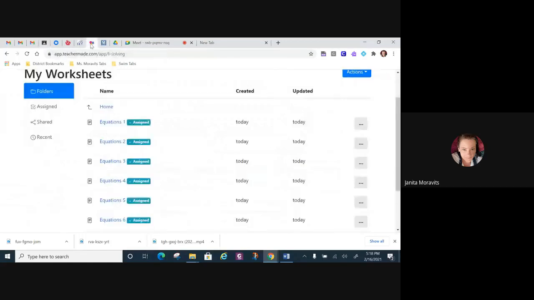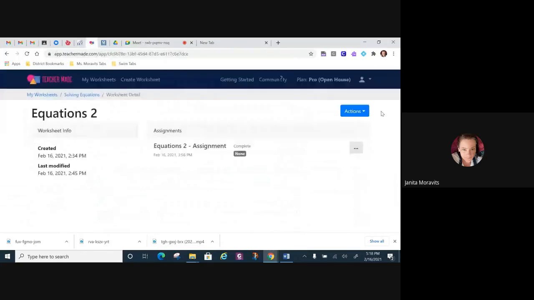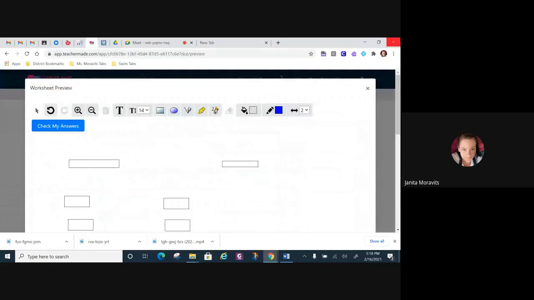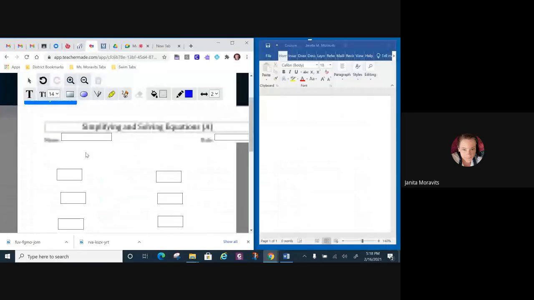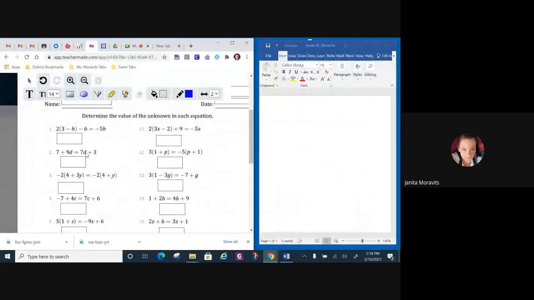I'm going to do this. All right, here we go. Let's let it get called up. All right, notice on this one, remember when we did the simplifying and combining like terms, and sometimes you had these numbers outside of parentheses where you had to use the distributive property.